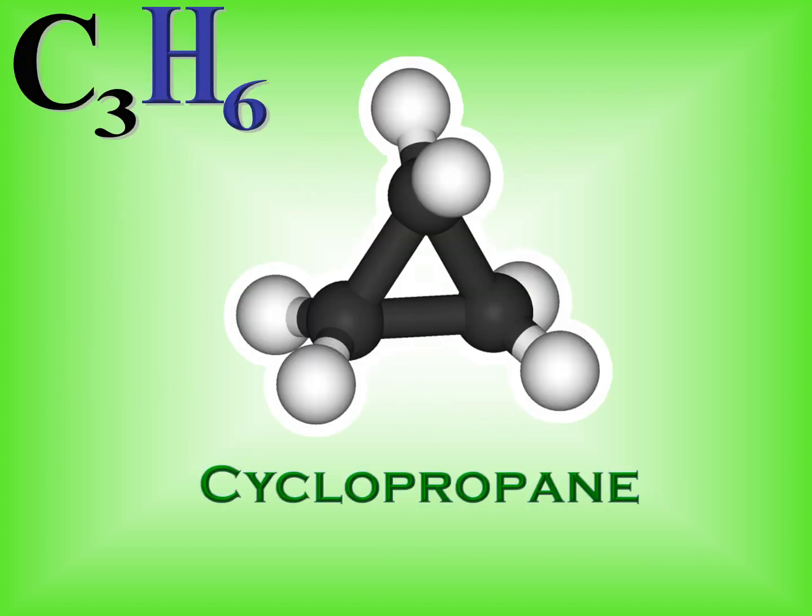Here we have the very first cycloalkane, cyclopropane. Now, why isn't there a cyclomethane or a cycloethane? Well, that's because you can't make a circle with one carbon. You also can't make a circle with two carbons. So the smallest sort of loop you can make, I guess it's not really a circle, more of a triangle, is with 3.